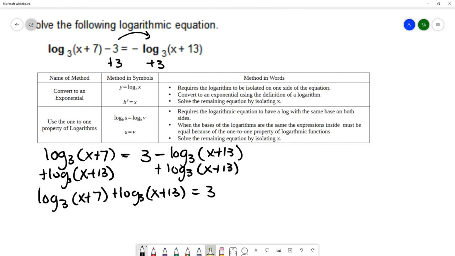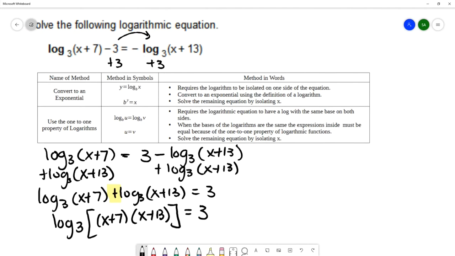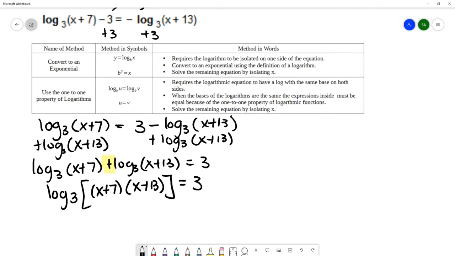Now I have two logs on the same side, and I'm going to be able to condense these with the product rule for logarithms. So this becomes log base 3 of (x + 7)(x + 13) equals 3. Now that I've condensed to have a single log on the left, I'm going to be able to rewrite this log equation as an exponential equation.